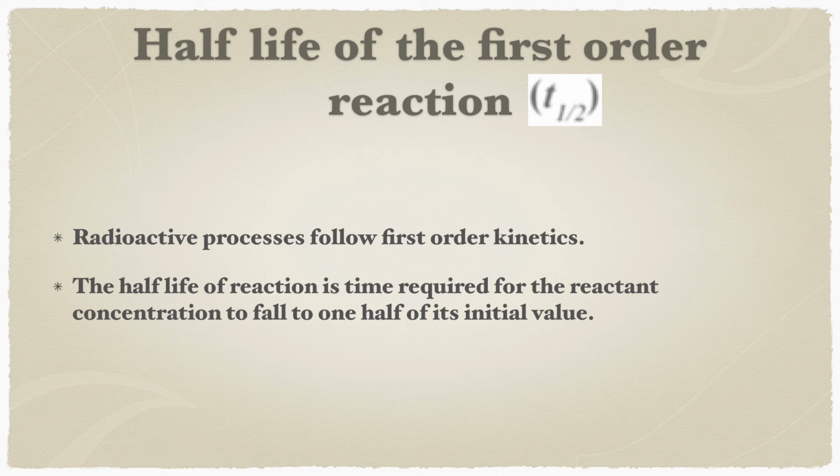Next we'll understand about the half-life of the first order reaction, which is given as t half. This is also a very important topic. So we'll start with saying that the half-life of a reaction is the time required for the reactant concentration to fall to 1/2 of its initial value. That means exactly half. For example, if I have taken 100 mole per dm cube, the exact half of that concentration will be 50 mole per dm cube.